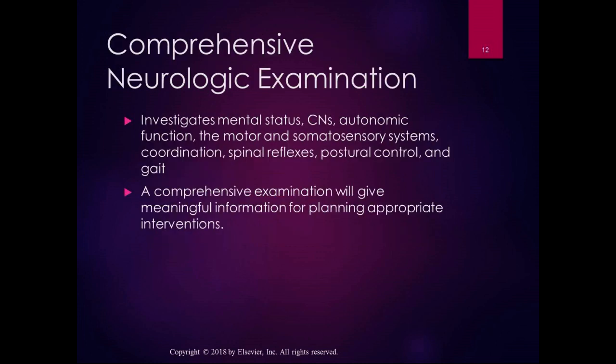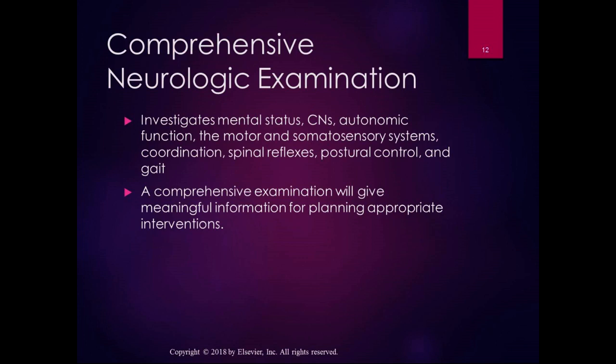So the comprehensive neurologic examination looks at mental status, cranial nerves, autonomic function, motor and sensory systems, coordination, spinal reflexes, postural control, and gait. The comprehensive examination is supposed to give meaningful information for planning appropriate interventions.